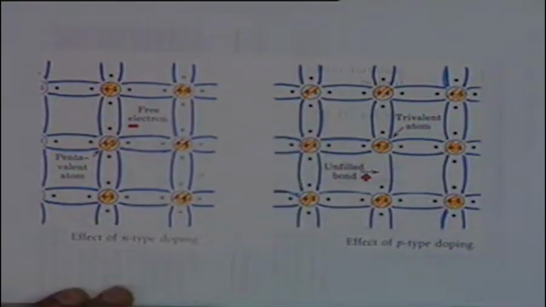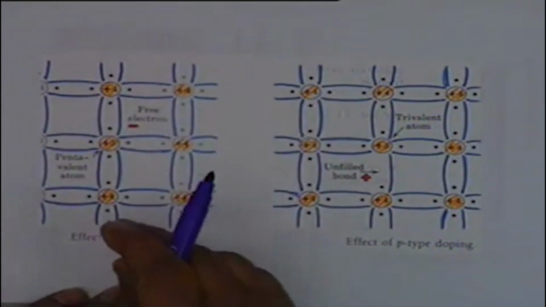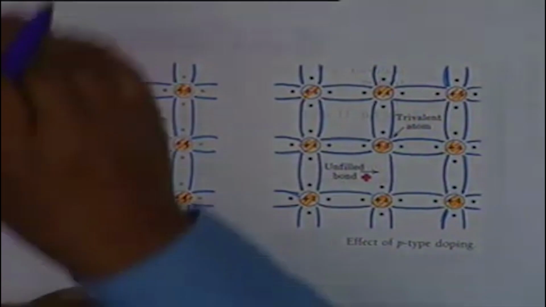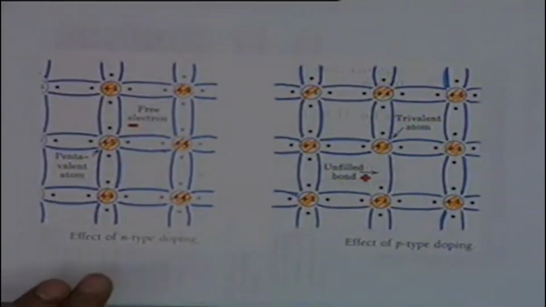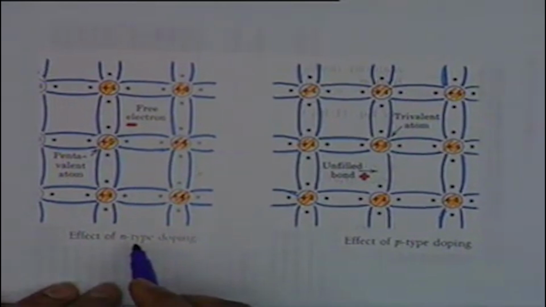So, it becomes a free electron. In this arrangement, therefore, the impurity donates electrons, and therefore this is called a donor impurity, or it creates negative charge. So, it is called N type of impurity, small n for negative charges.